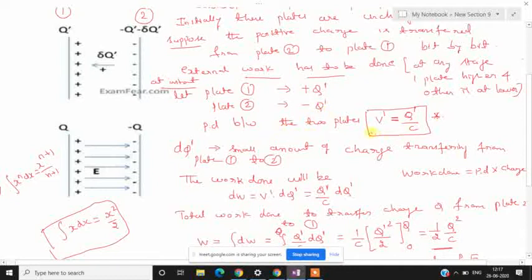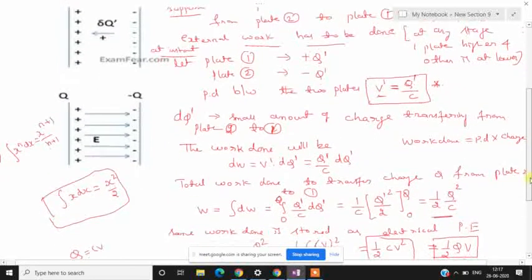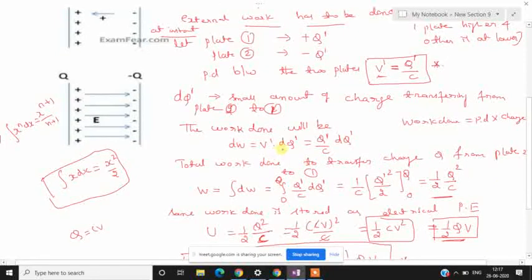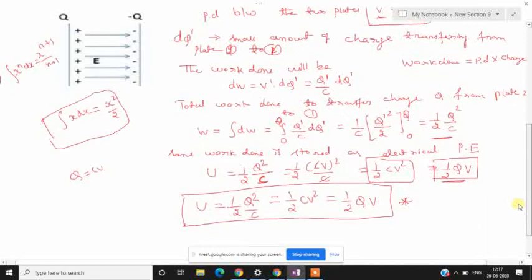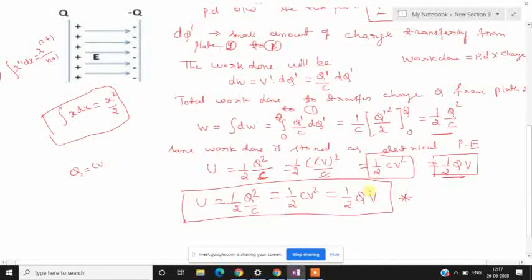Then the potential difference between them is V dash equal to Q dash by C. Then dQ dash is a small amount you are transferring from plate 2 to plate 1. And the small work done to transfer the dq dash will be V dash dq dash. So substitute V dash as Q dash by C and dq dash, then integrate to get the total work done. This work done will be stored as a potential energy.